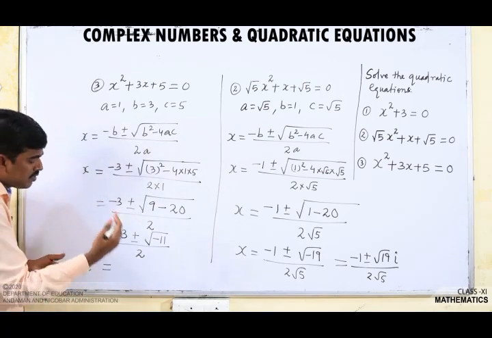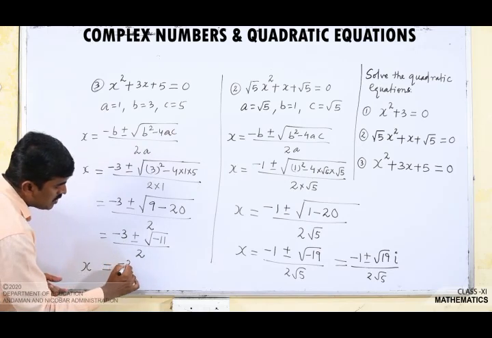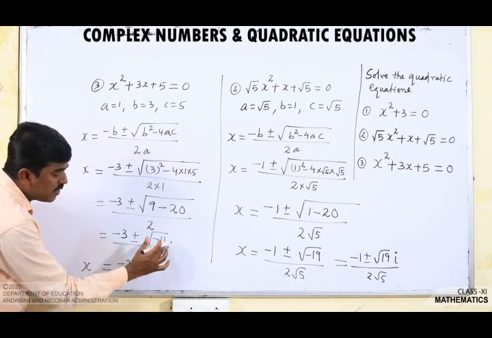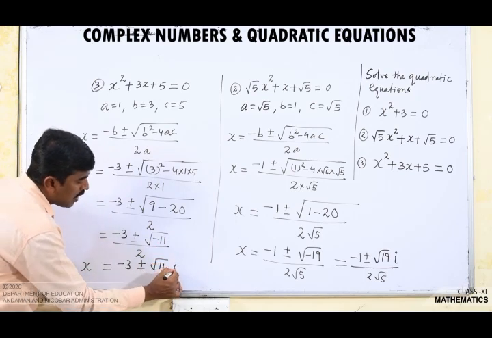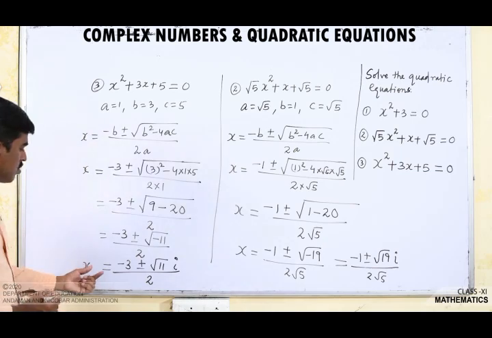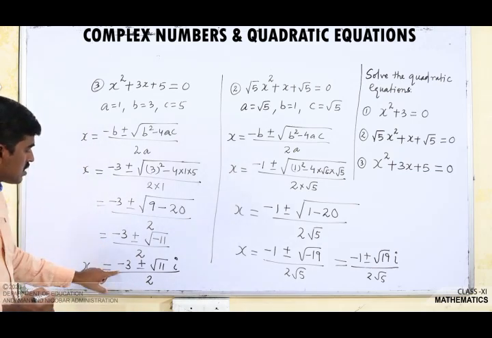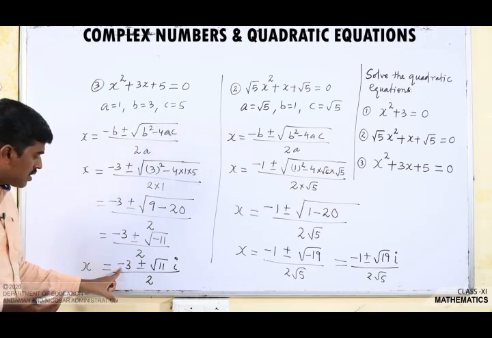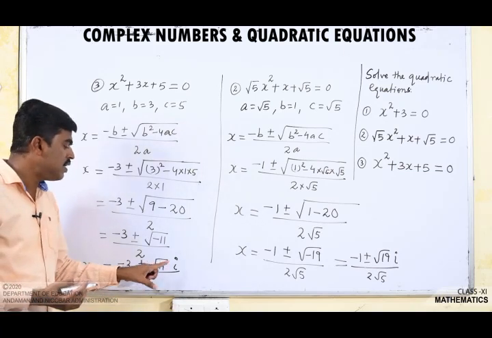So we will get complex roots: minus 3 plus or minus root 11 i divided by 2. So the roots are minus 3 plus root 11 i by 2 and minus 3 minus root 11 i by 2.